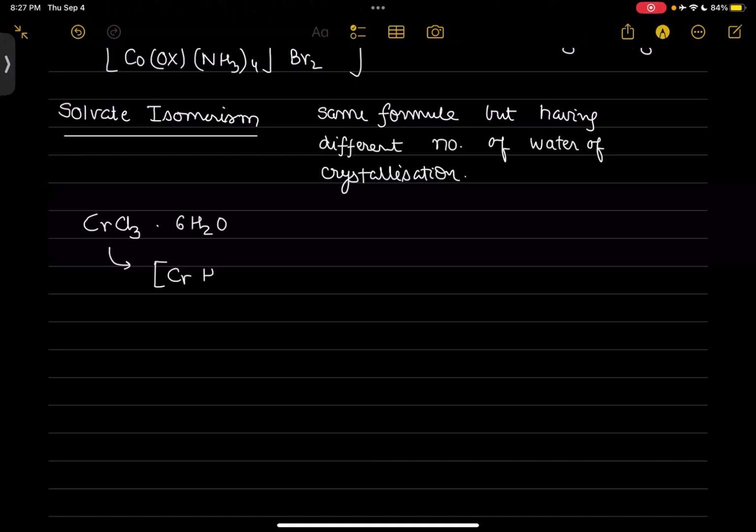So Cr(H2O)6 Cl3. The water molecules are satisfying the secondary valency, the coordination number, forming 6 covalent bonds, and the Cl minus ions are satisfying the charge. Okay, got it?